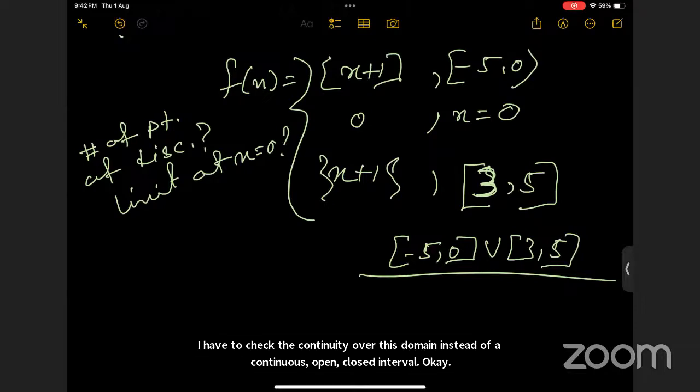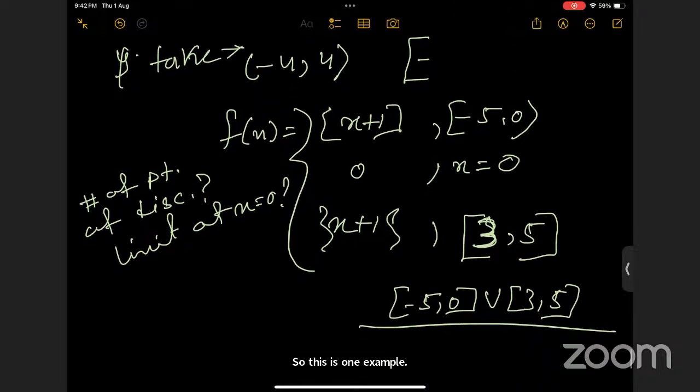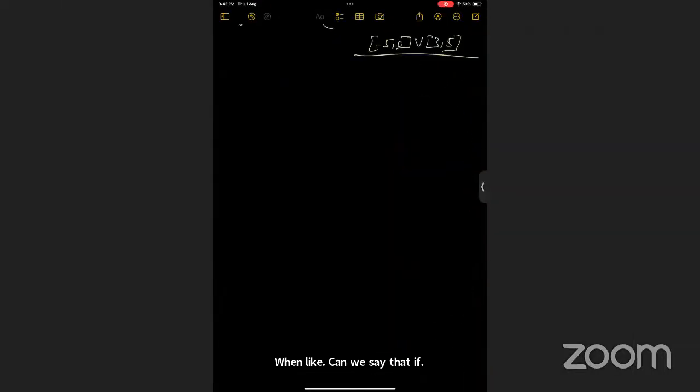So this is one example. In my mind, you can solve it. Ma'am, one question regarding the discontinuity of a composite function.